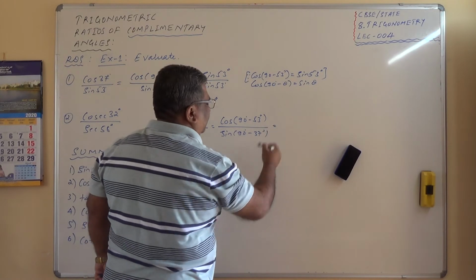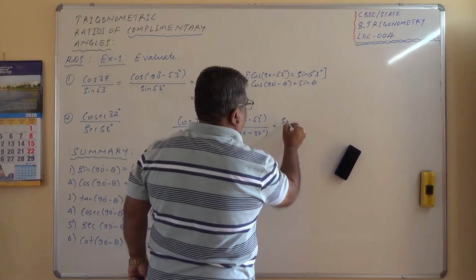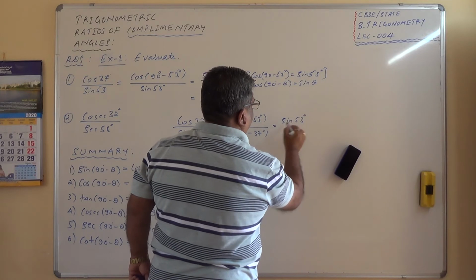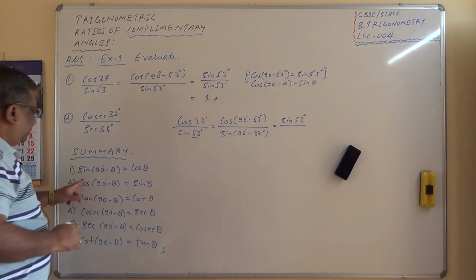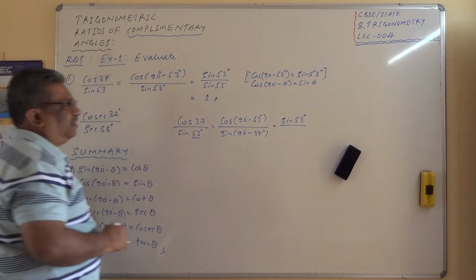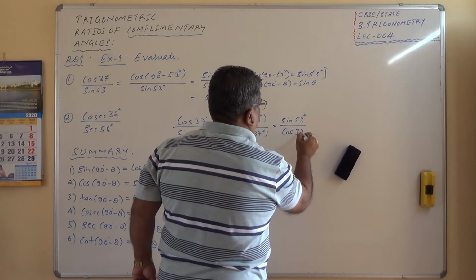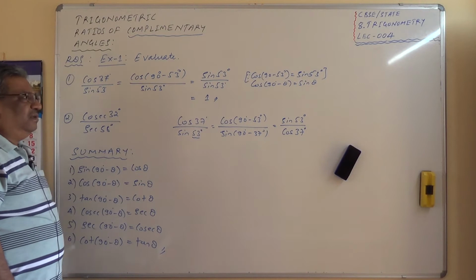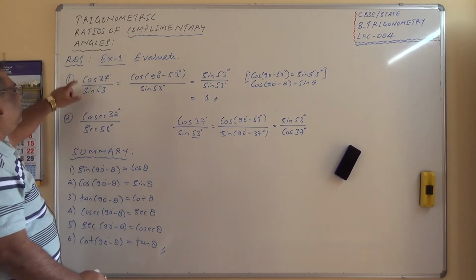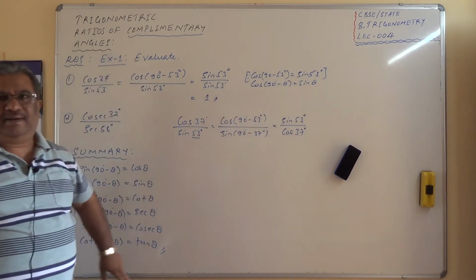Now apply the complementary angle rules. Cos of 90 minus 53 is sine of 53 degrees, divided by sine of 90 minus 37, and sine of 90 minus theta equals cos theta, which is cos of 37 degrees. So what did we accomplish here? Nothing. Instead of cos 37 by sin 53, I got sin 53 by cos 37.